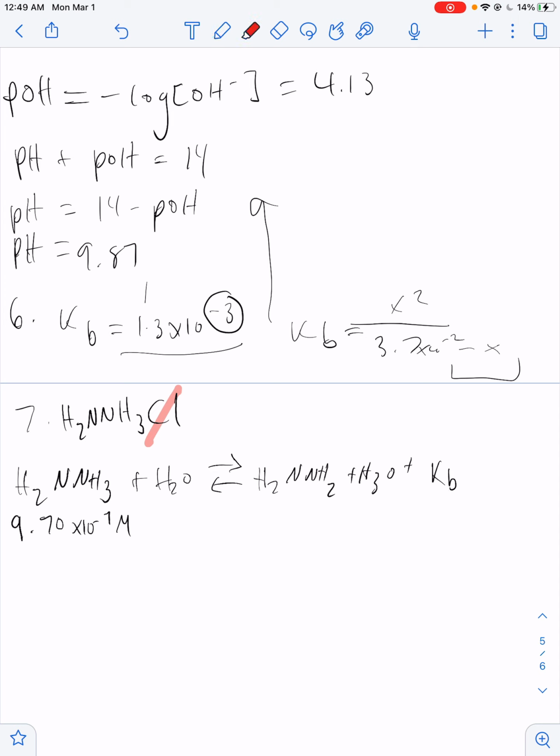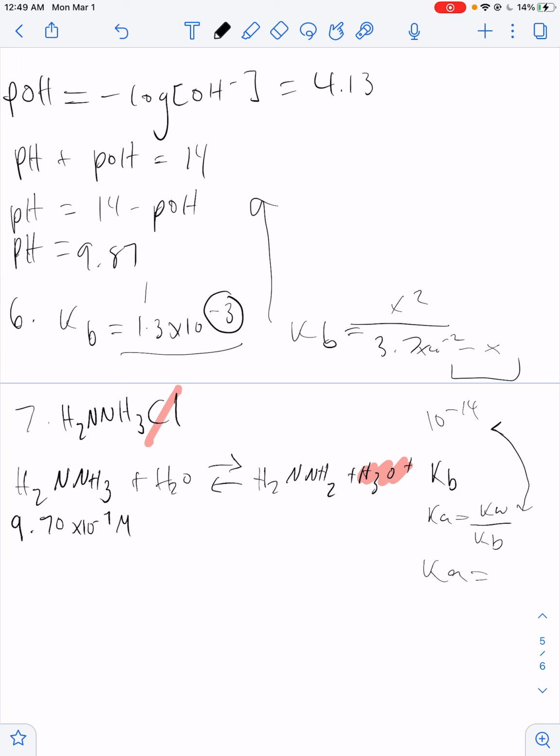But here we are producing H3O+, so KB is useless to us. We need to find Ka. How to find Ka from KB is Ka equals Kw over Kb. And Kw is always 10 to the negative 14.